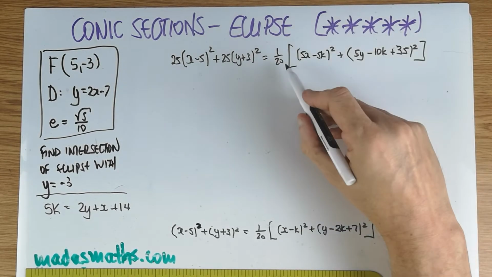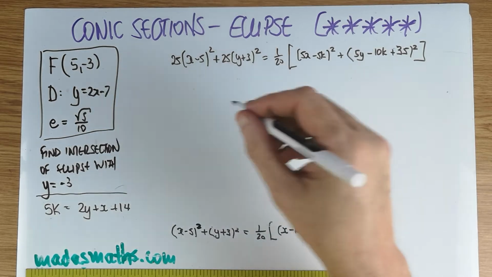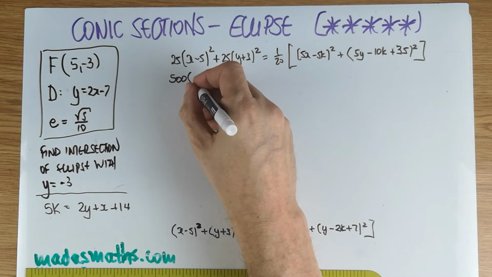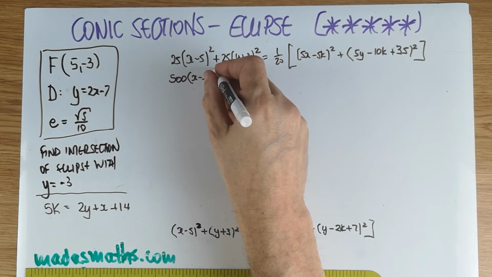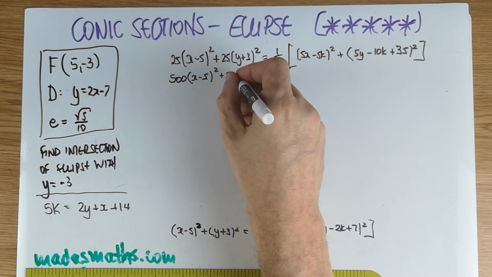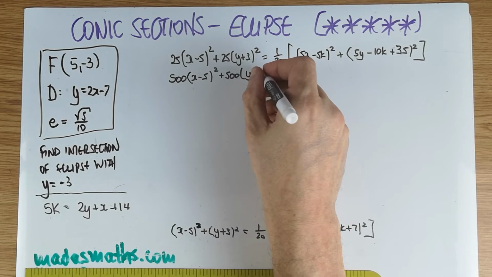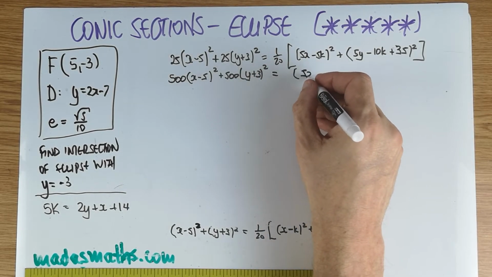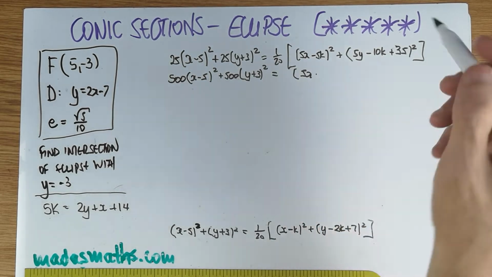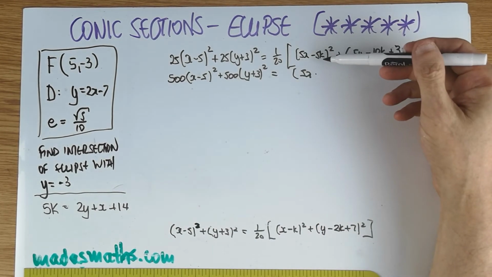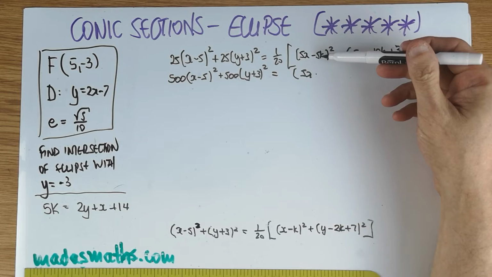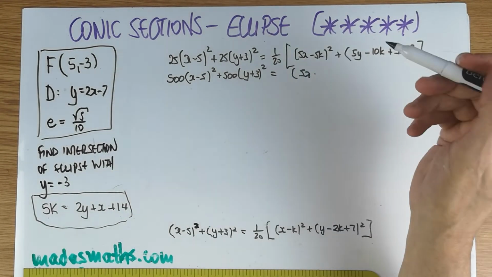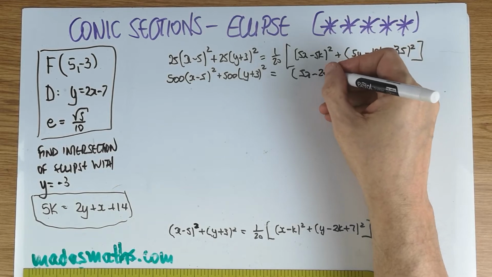And lastly, let's do a bit of a tidy in all of this. So we're going to have 500, that's times the 20 across, (x minus 5) all squared, plus another 500 (y plus 3) all squared, equal, and we'll lose all these square brackets. At the same time, let's start putting this k in. So minus 5k. 5k is down here, but it's a minus, so it's going to reverse all these signs.